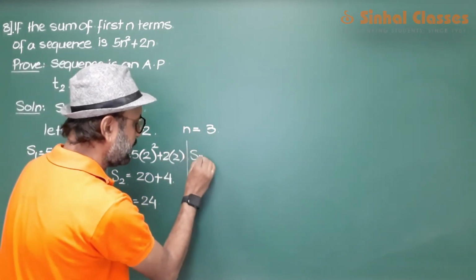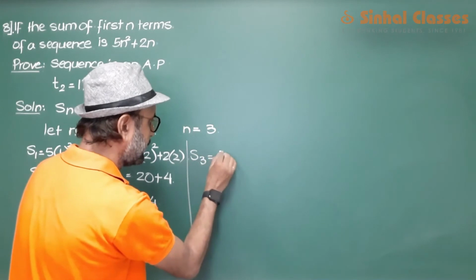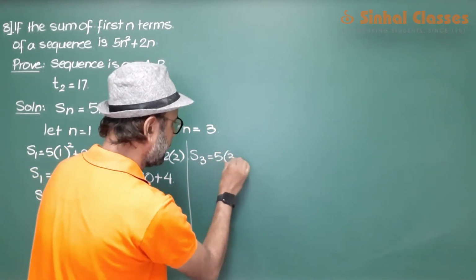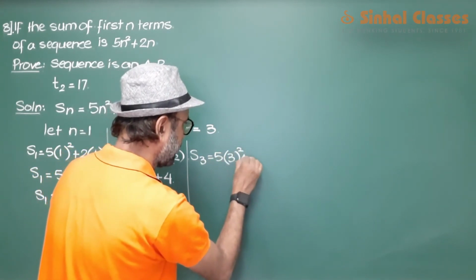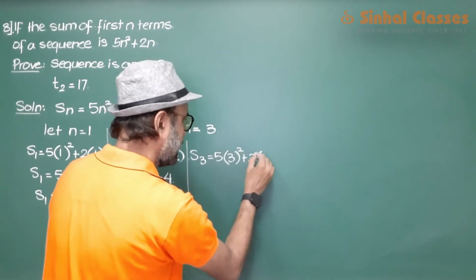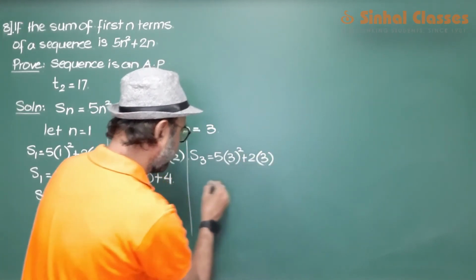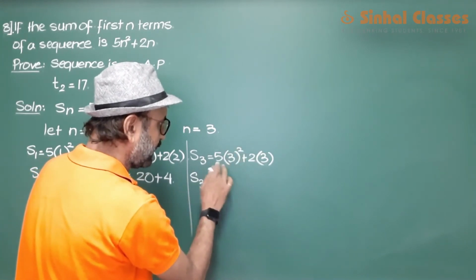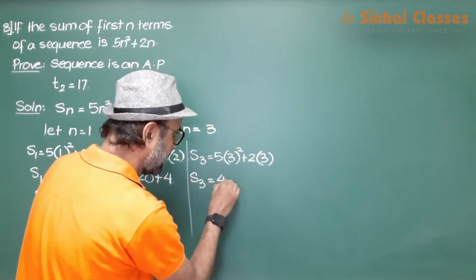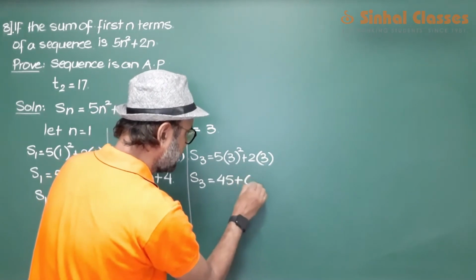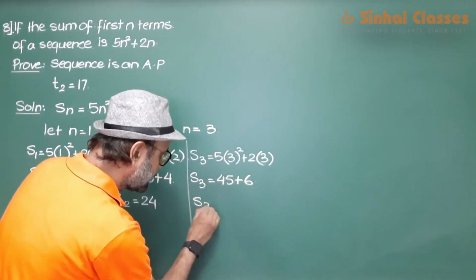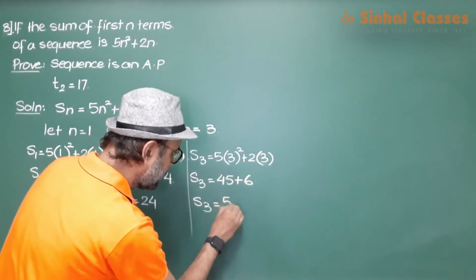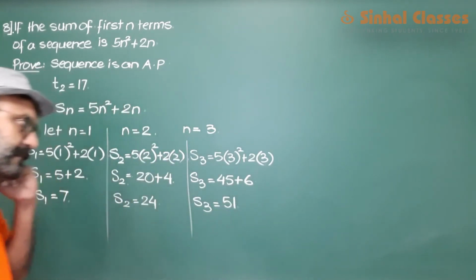Then S3: 9 5s are 45, 45 plus 6. So S3 is 51.